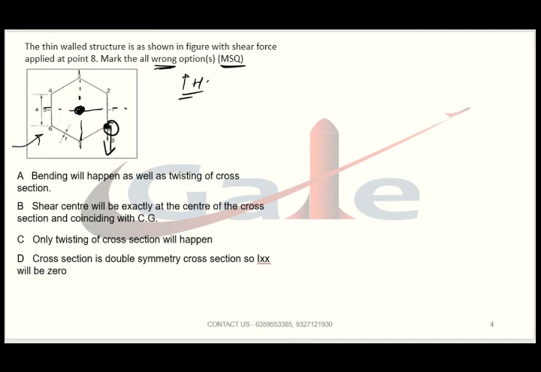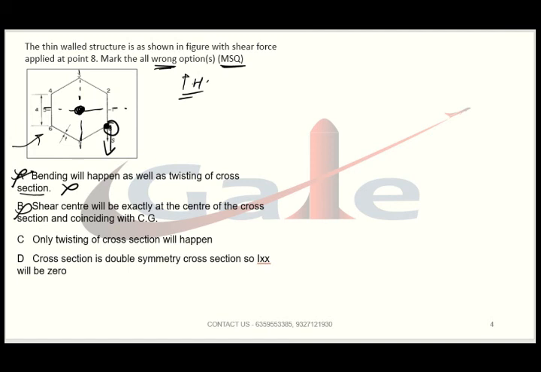Option A says bending will happen as well as twisting of the cross section will happen. According to the question, this is wrong. Option B says the shear center will be exactly at the center of the cross section, coinciding with CG. This is again wrong according to the question, because we need to pick the wrong option, right?